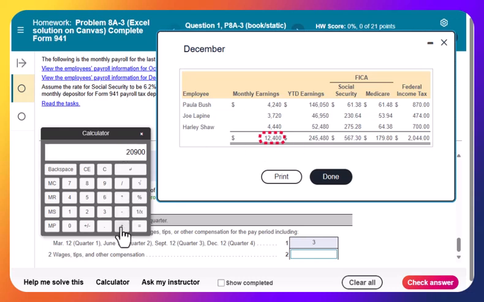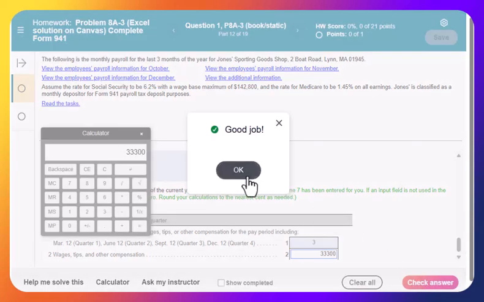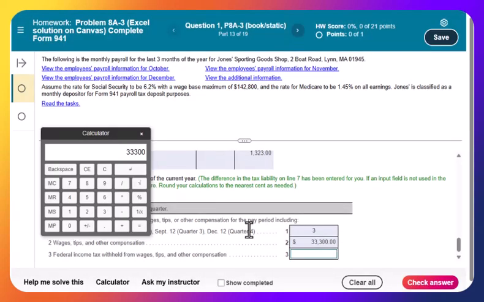So we'll go ahead and add 12,400 for a total of 33,300. So we can go ahead and close out of the table, and for box 2 here, go ahead and populate that in. So click into the cell and populate that through. We're going to check our answer. Great job. Good job, I should say.